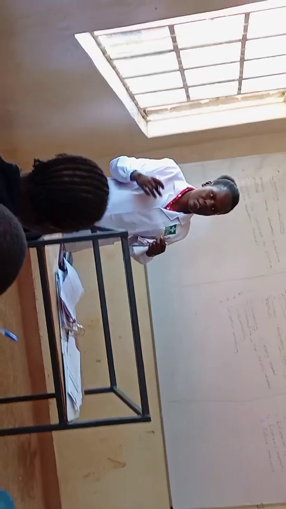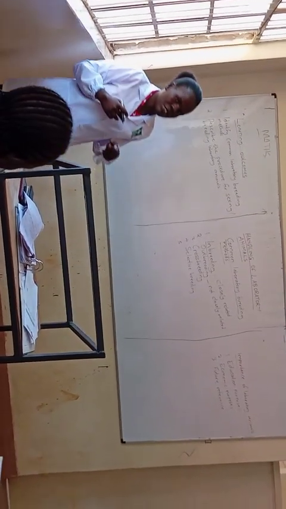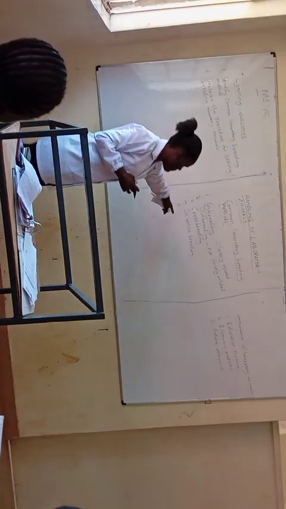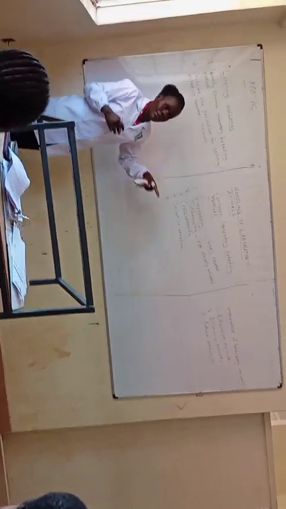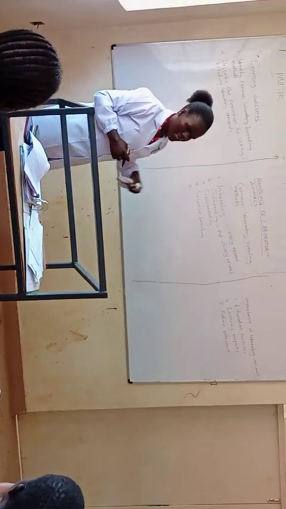Maybe mother to son, son to the daughter, the siblings, very closely related. But in outbreeding, now the animals are not closely related. Are you clear? So that is the difference between the two, the inbreeding and the outbreeding.